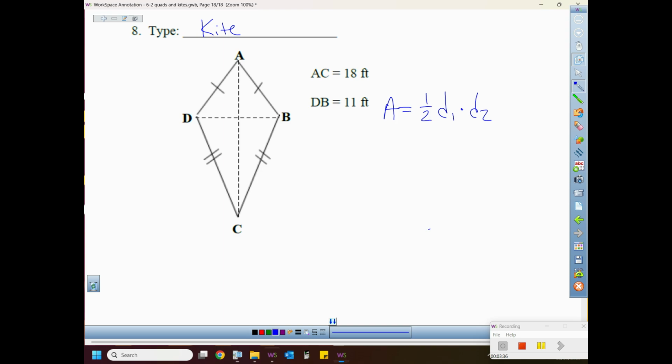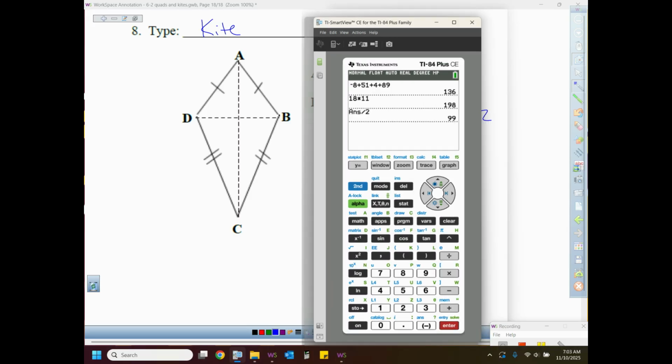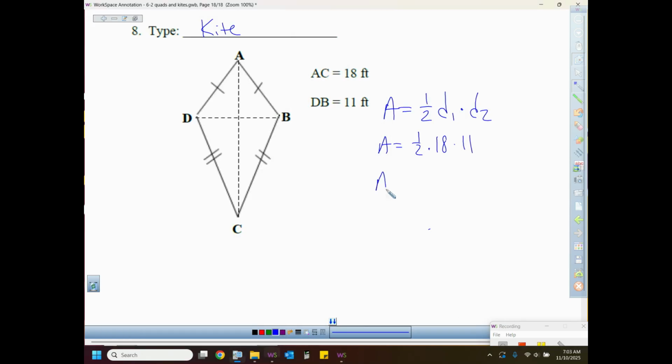I just got to know the two diagonals, and they give them to me, right? So 1/2 times 18 times 11. It doesn't matter which one's which. So we'll do 18 times 11, hit equals, and then divide that by 2 to deal with that 1/2, and I got 99. The area equals 99 square feet.